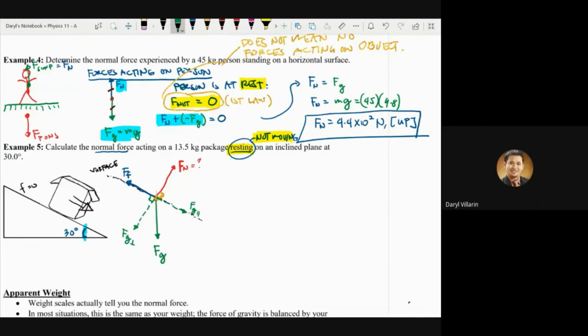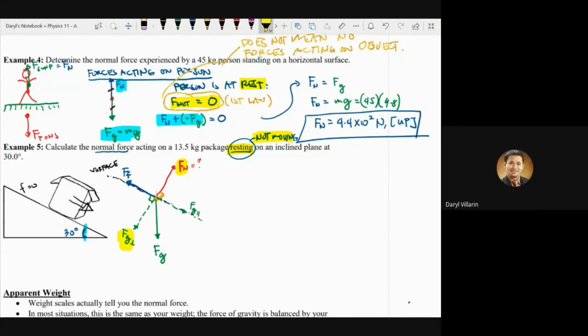So if you can see here, somehow Fn and Fg perpendicular are on the same components. They are perpendicular components. So therefore, these two are related.